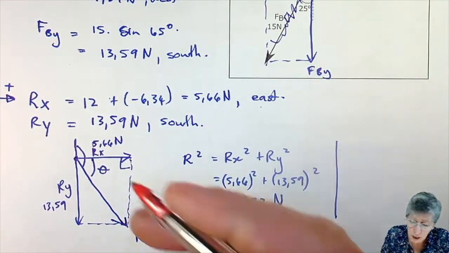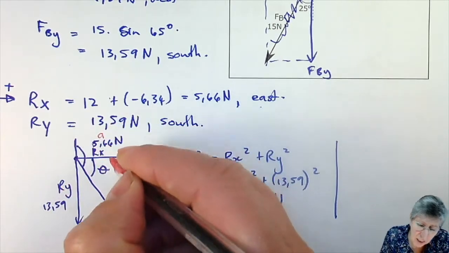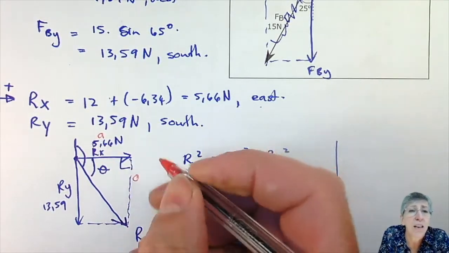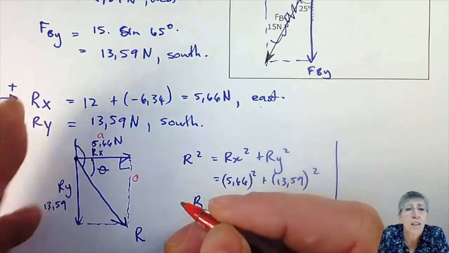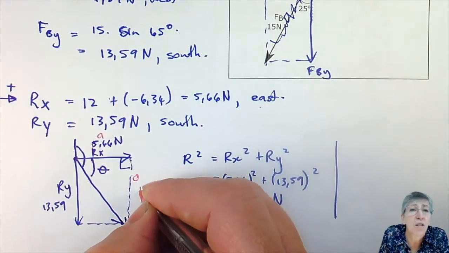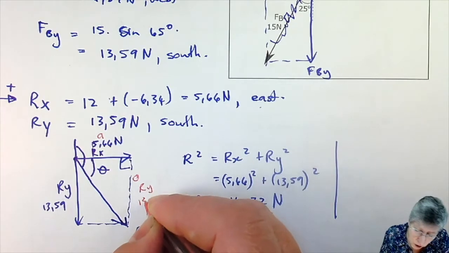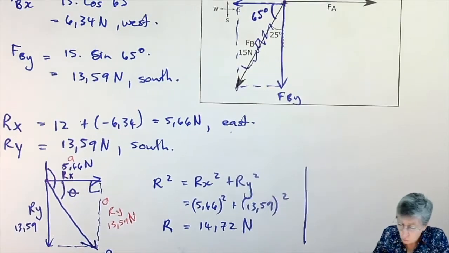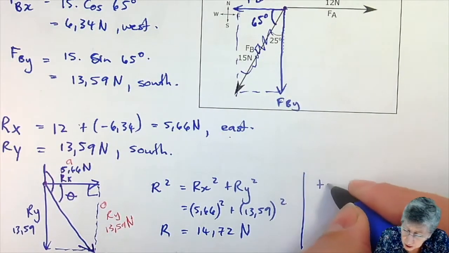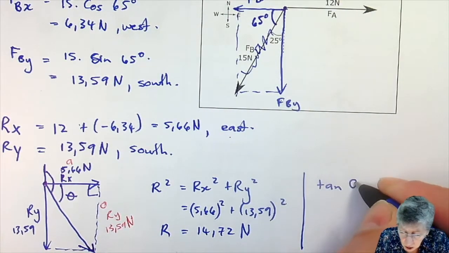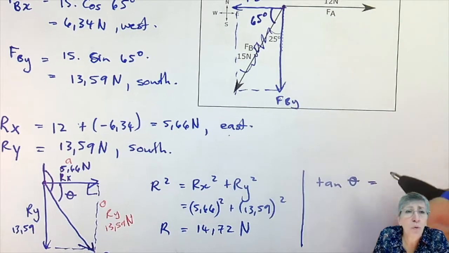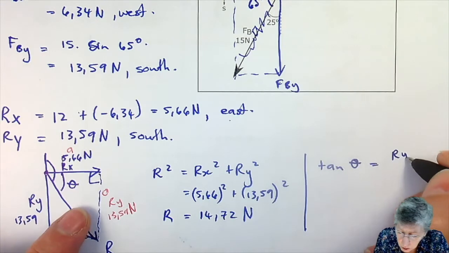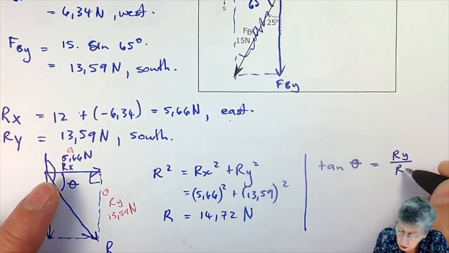The adjacent is going to be my 5,66, and my opposite is actually that Ry that is repeated over there, Ry of 13,59 Newton. So when I do this, I'm going to work with tan. The tan of that angle that I'm looking for is opposite over adjacent, so that will be Ry divided by Rx.